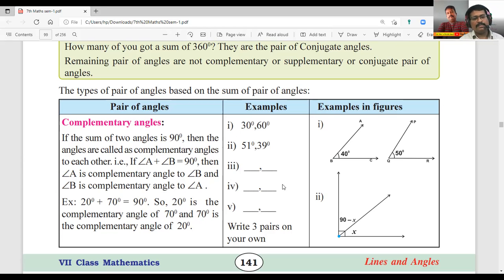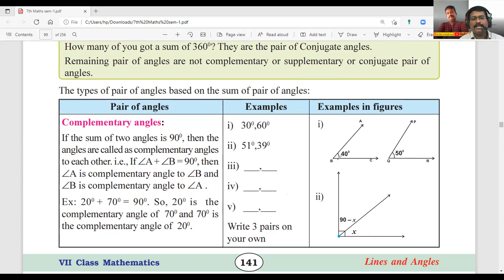Now I can write this down. 20, 70. Next, 15, 75. Okay. Next, 80, 10 degrees. So I can name them also. Right. 20 plus 70 is 90 degrees. Then we can call them complementary angles.